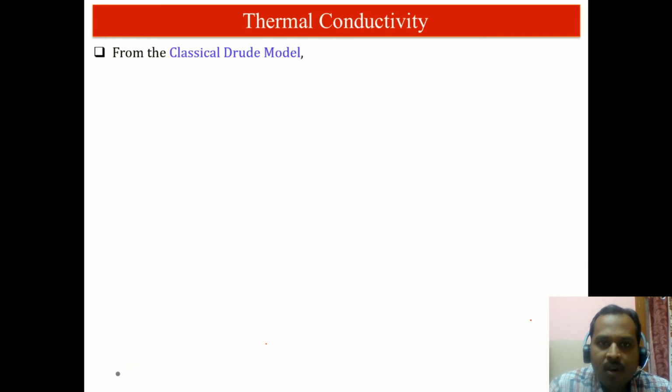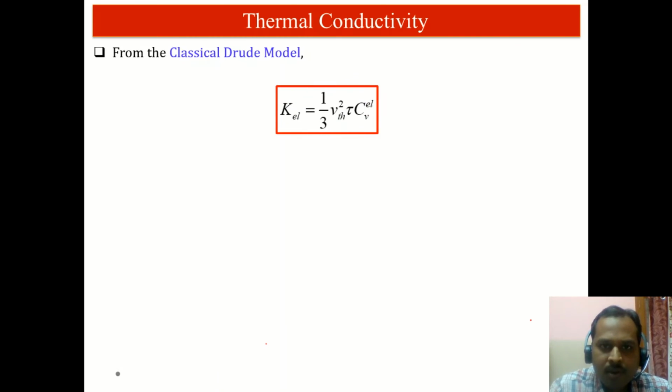Now this is all about the Fermi surface. So now let us apply whatever we have learned in the discussion of the Sommerfeld theory to obtain the thermal conductivity. From the classical Drude model, this is the expression for the electronic thermal conductivity, which is 1 by 3 vTH square tau times Cv El. So now using the quantum corrections, we have to modify this relation.